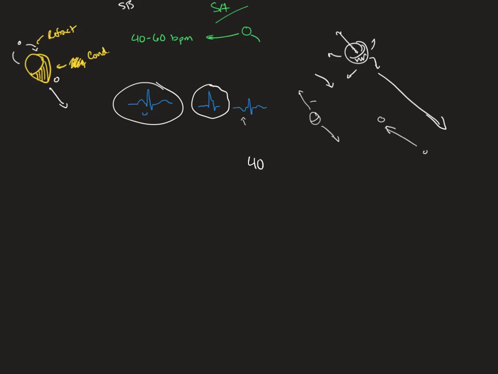At a rate of 40 to 60, with these appearing P waves, you have a junctional escape. If it has these morphologies and it's 60 plus, it's accelerated junctional, sorry.